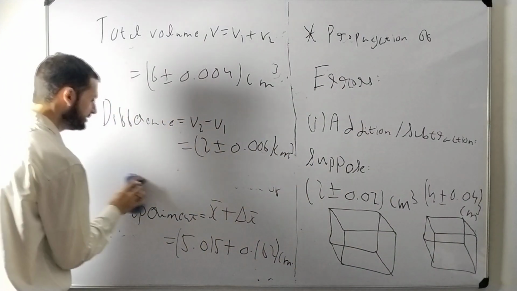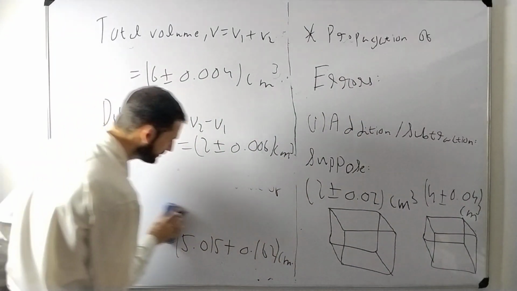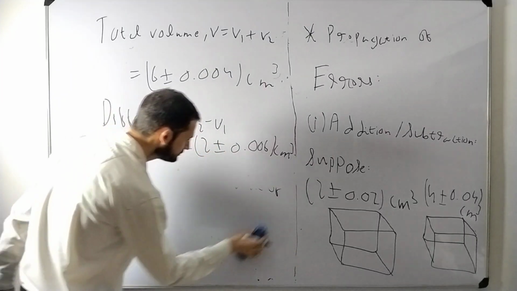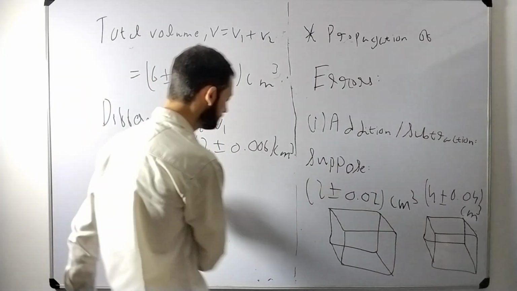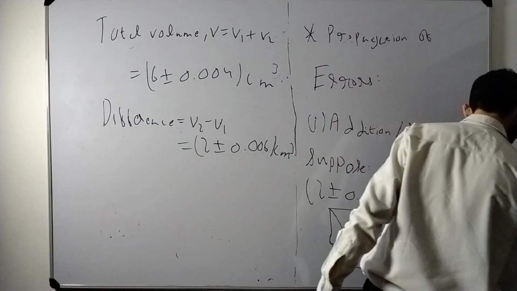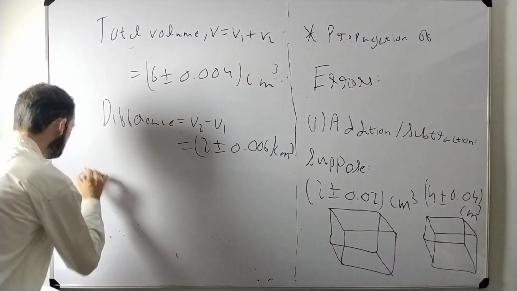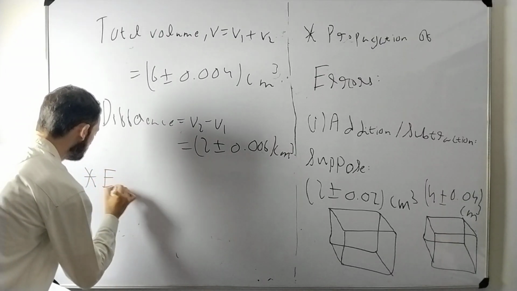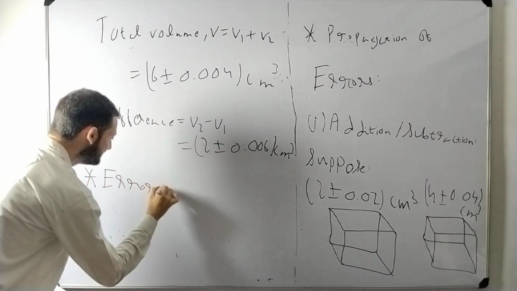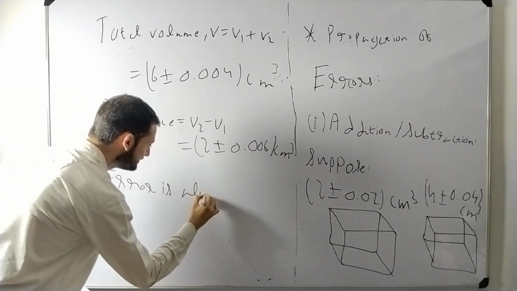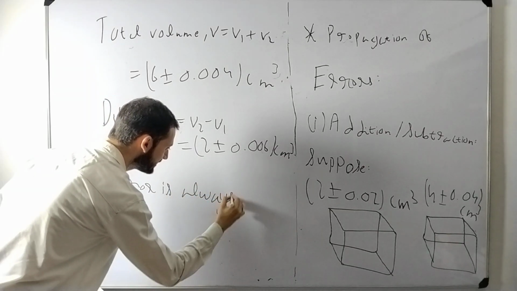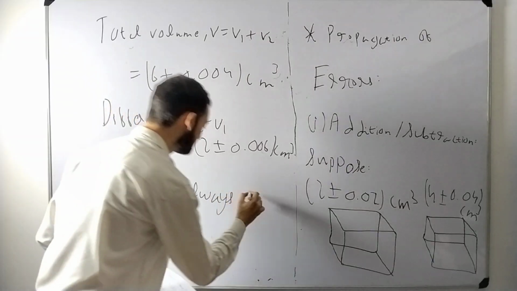Sir, but here it is difference and you added the thing. So let me write a certain point here. Error is always added. Wow, sir, this is amazing. We will always add the error.